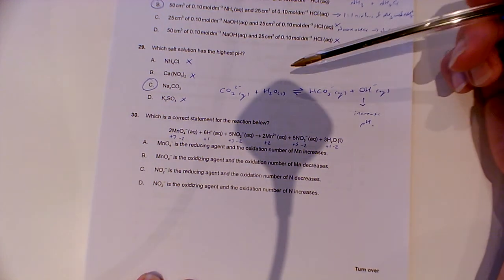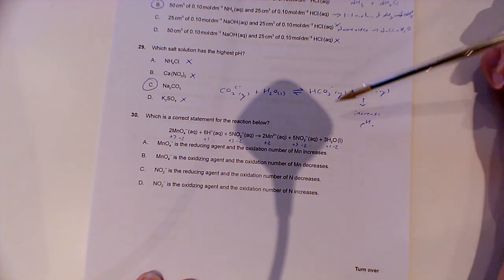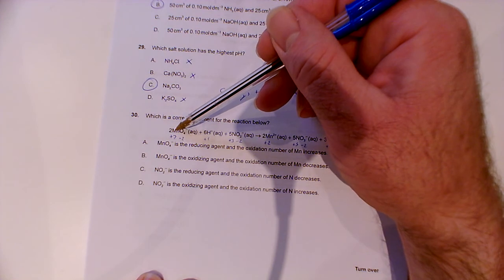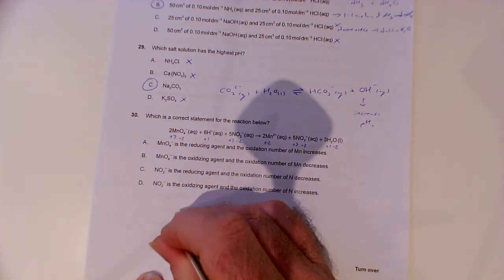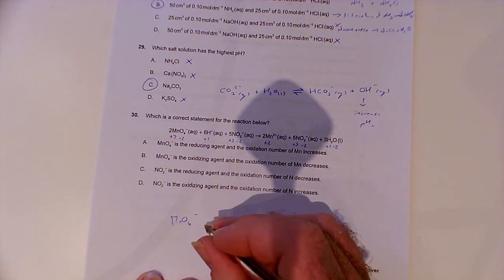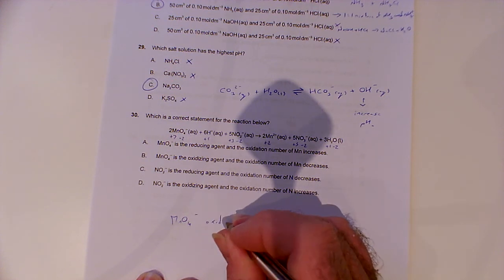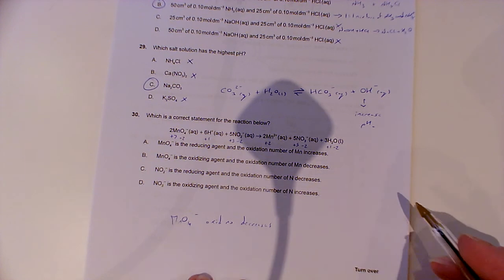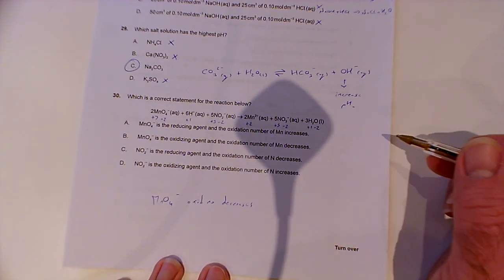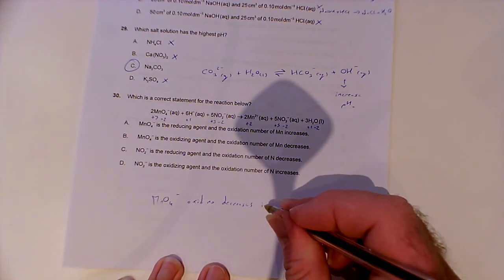So it is a redox reaction because there's a change in oxidation state. The manganese is going from +7 to +2. So your manganate oxidation number decreases. And if oxidation number decreases, then it is being reduced.